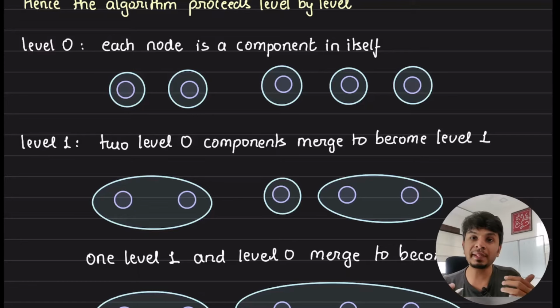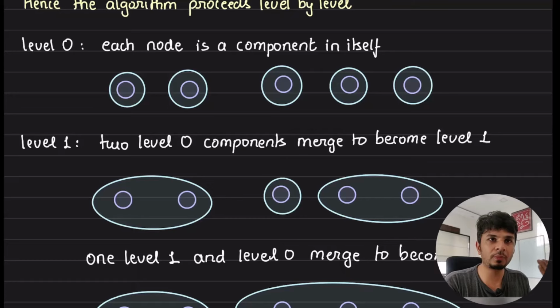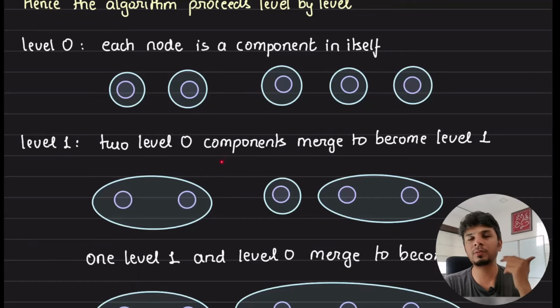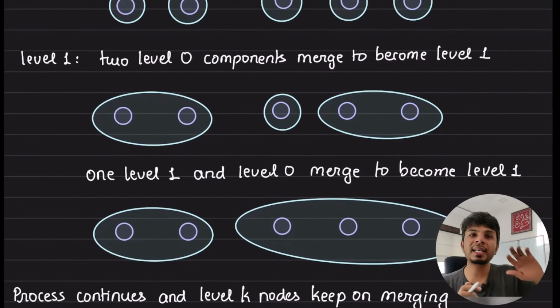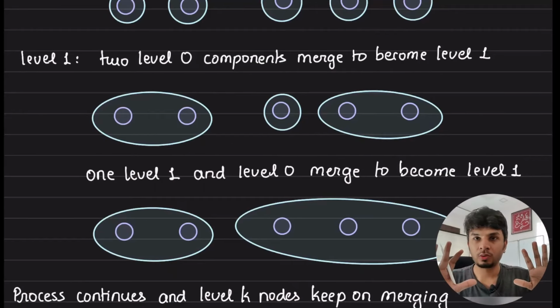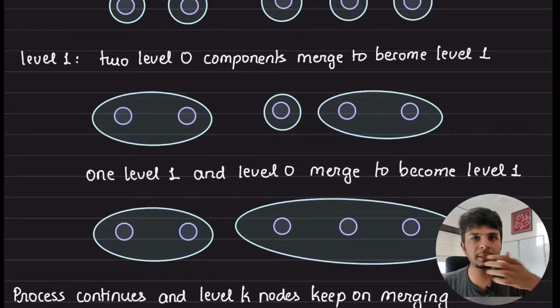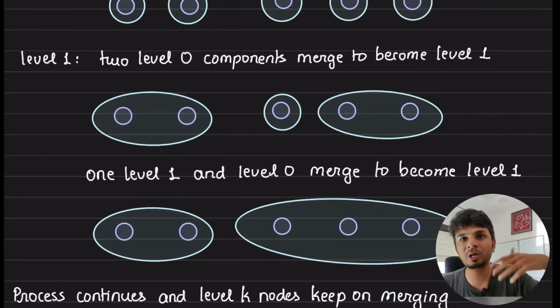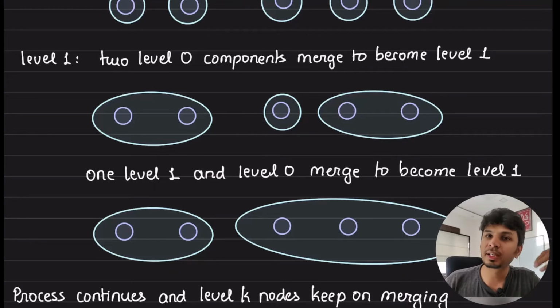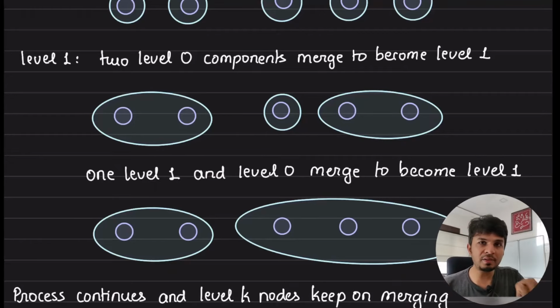In case a level 1 and a level 0 merge, because the number of nodes in the network may not be a power of 2, it is very well possible that a level 1 component wants to merge with a level 0 component.